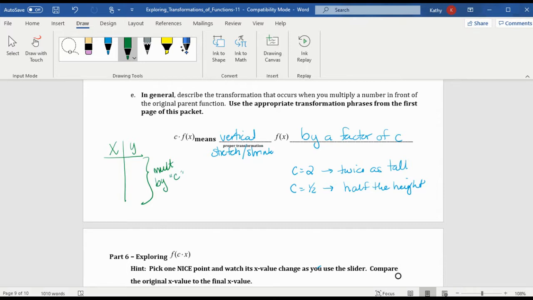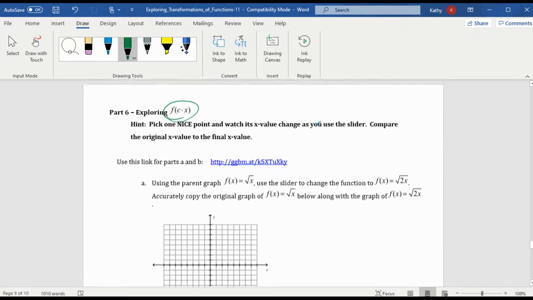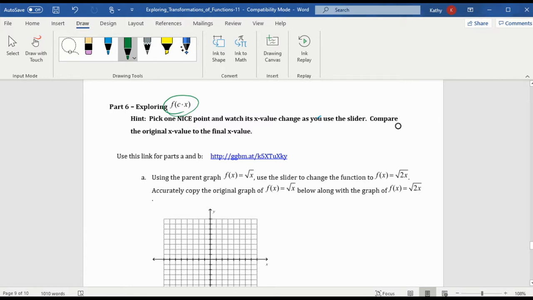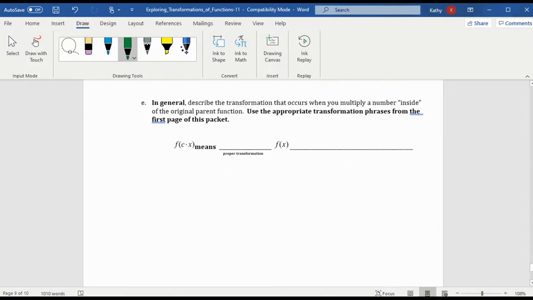Okay, moving on to the next part, which is part 6. Now we're multiplying x values. What happens to our graph? Our general rule is going to be this last part, part E. The transformation when we multiply a number inside means that this is now a horizontal stretch or shrink, by a factor of 1 over c.